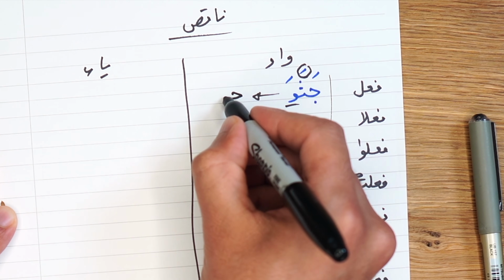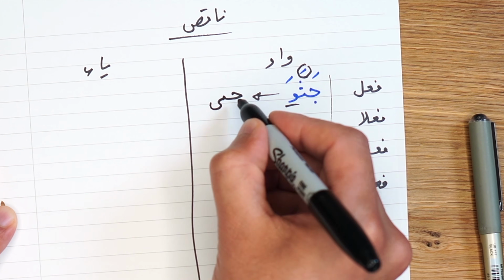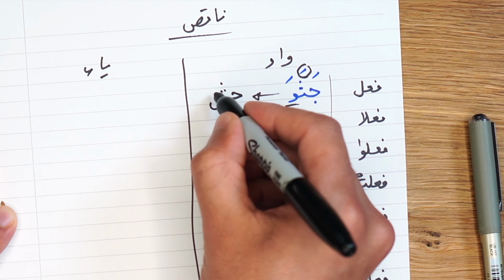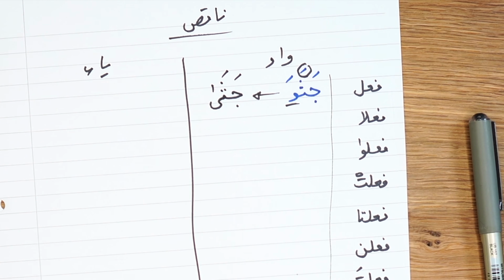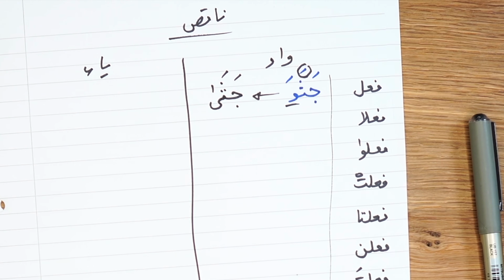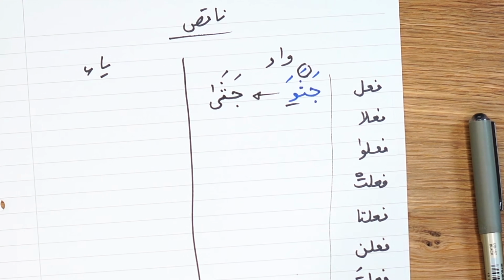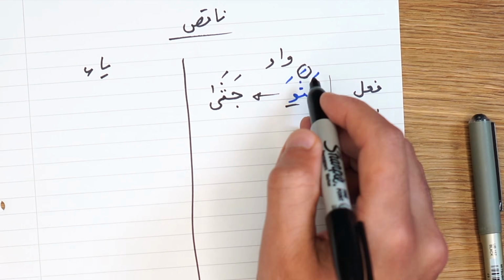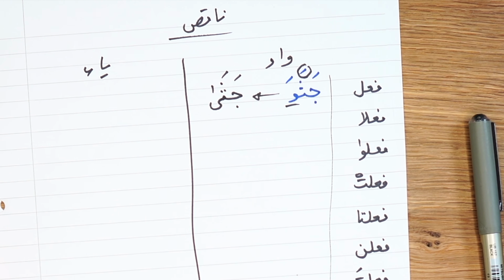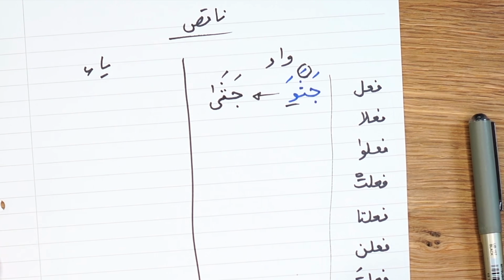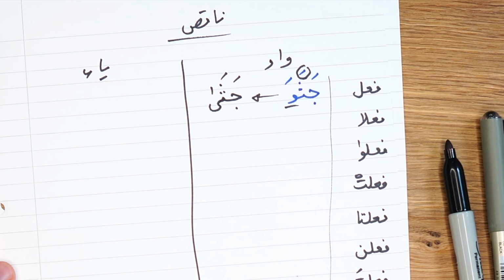So ja, tha, and the alif I'm going to write like this. Jatha. So that's basically the first rule. Remember that rule list that we had before? If you have a waw or a ya and preceding it is a fatha, you change it into an alif. We did this in Naqis as well, and in Ajwaf. So over there this happens.